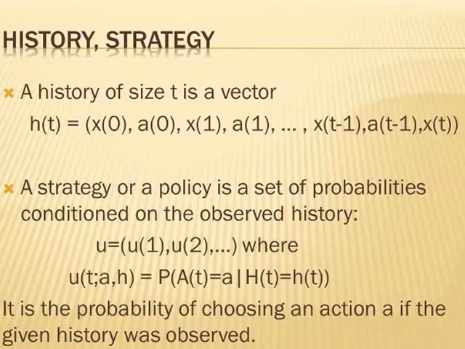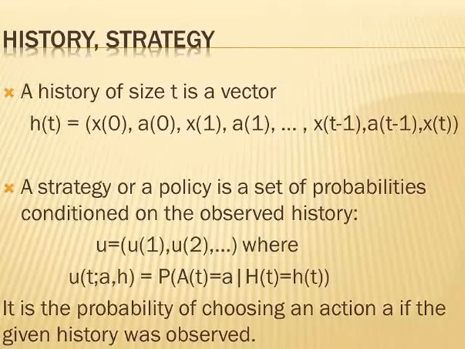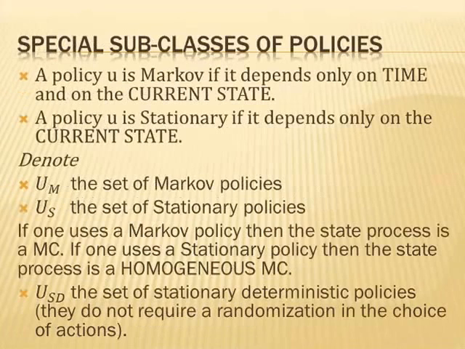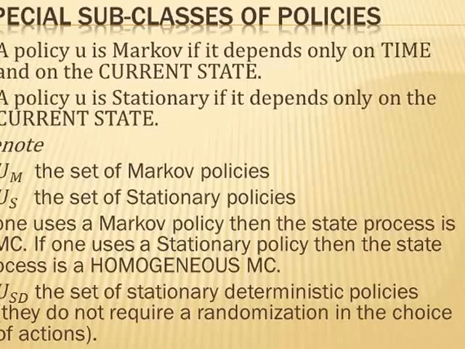So a given strategy u is a sequence u1, u2, and so on, where each u_t is the probability of choosing different actions for an observed history of length t. And this is the probability that we are going to use when choosing actions at time t. This class of policies is very large, so we define subclasses of policies that are simpler in the way of describing them and in the way of implementing them.